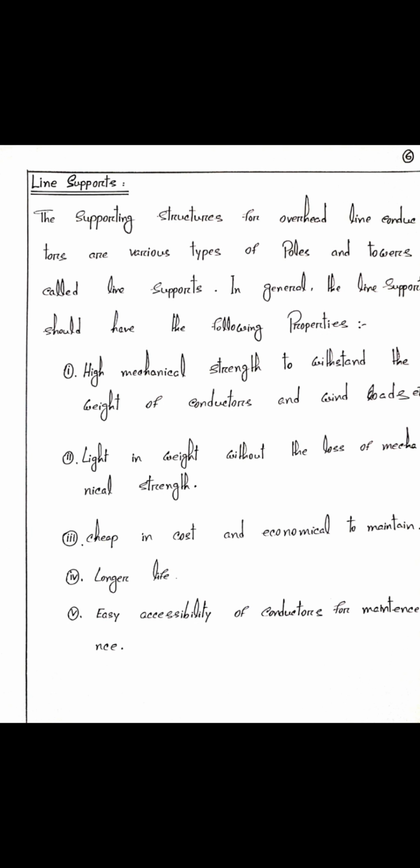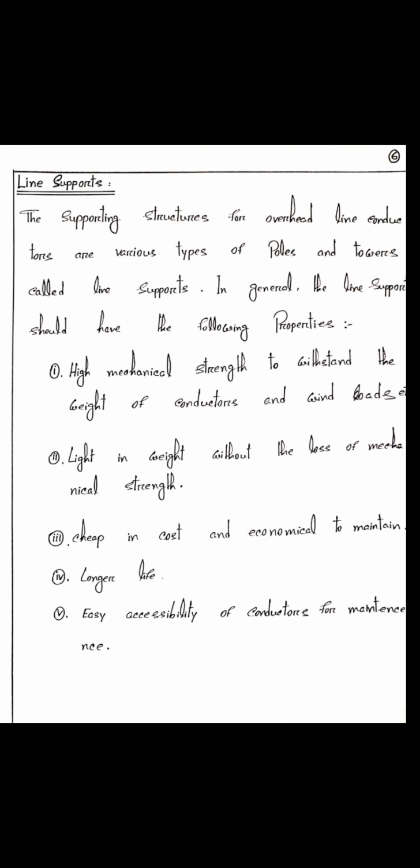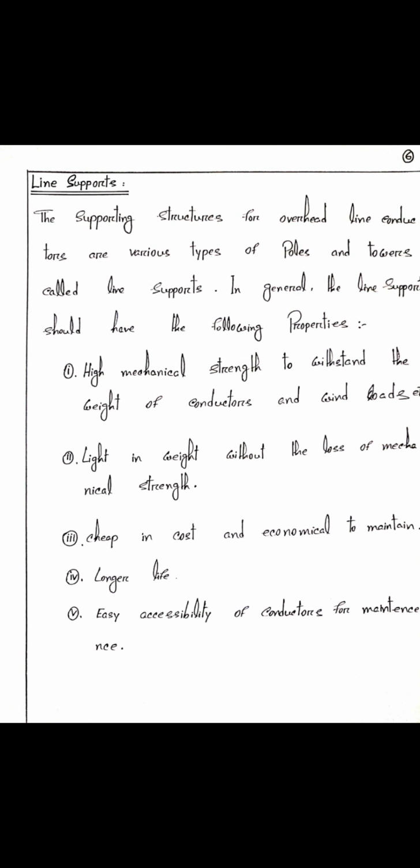In general, the line supports should have the following properties: 1. High mechanical strength to withstand the weight of conductor and wind loads, etc. 2. Light in weight without the loss of mechanical strength. 3. Cheap in cost and economical to maintain. 4. Longer life. 5. Easy accessibility of conductors for maintenance.